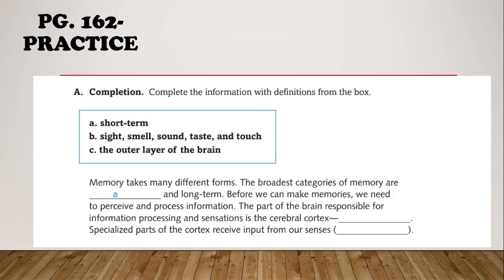Yes, it's letter C. Just fix it, okay? And the last one, specialized parts of the cortex receive input from our senses. That is letter B. A, C, and B. Those would be the answers. Thank you, guys. You are awesome on this.